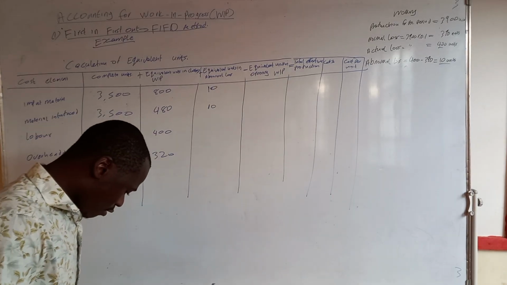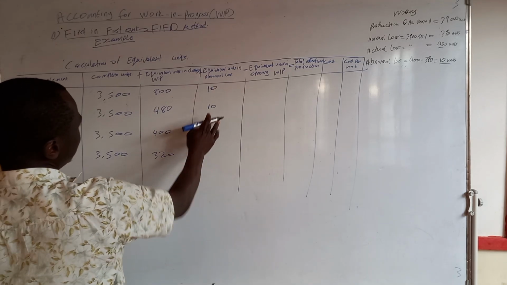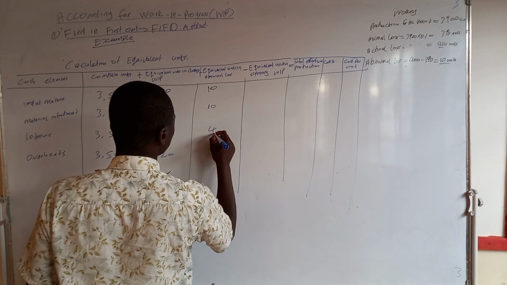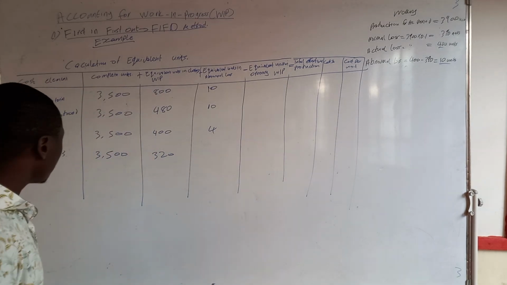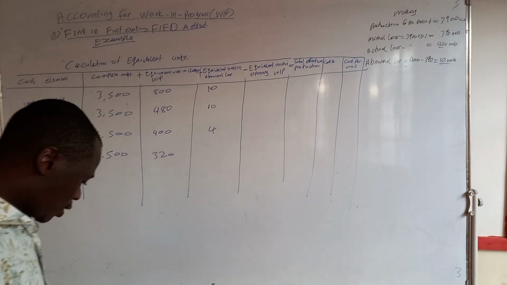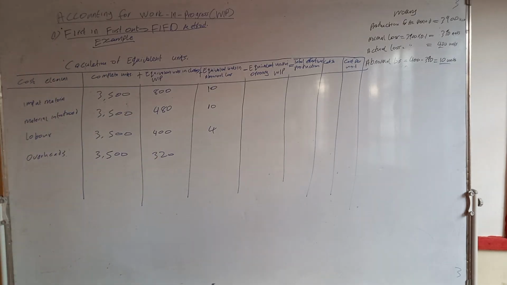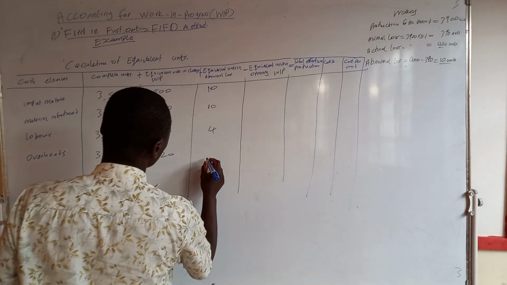Then in terms of labor, we are told it was 40%, that is 0.4 times 10, that is 4 units. In terms of overheads, we are told it is 30%. 30% times 10 gives you 3 units.